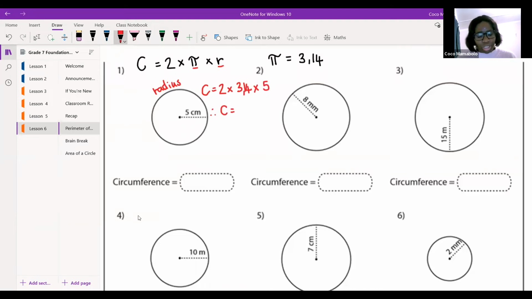Tyler, tell me how much you get. We're going to go 2 times 3,14 times 5 is equal to. How much do we get? Tell me in the chat, guys. Well done, Sila. Tingo, do not forget your centimeters.